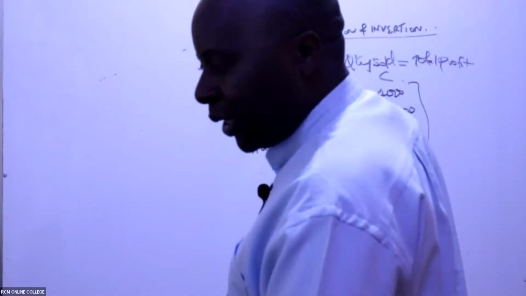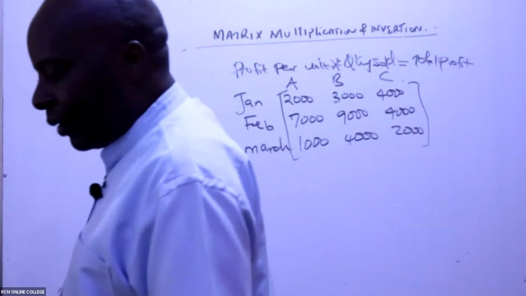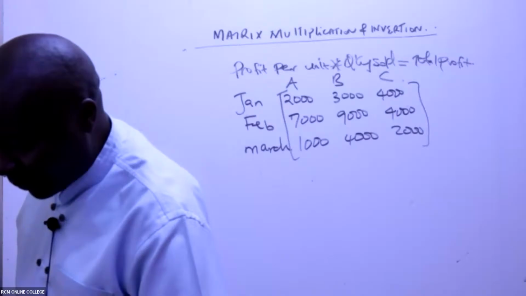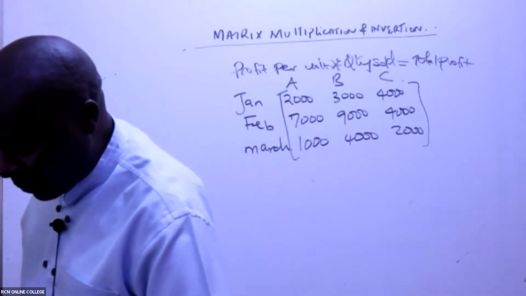For the month of March, what do I have? 1,000, 4,000, and then 2,000. Let me know whether you, my good students, have been able to write down this matrix.